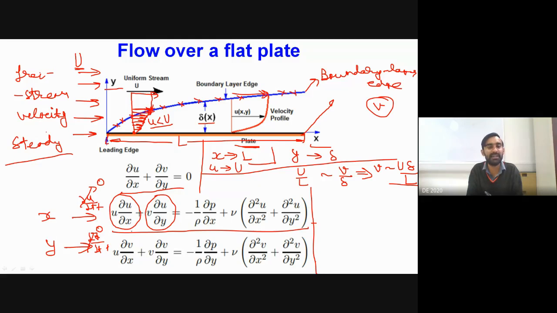For example, let me demonstrate it for the y momentum equation.